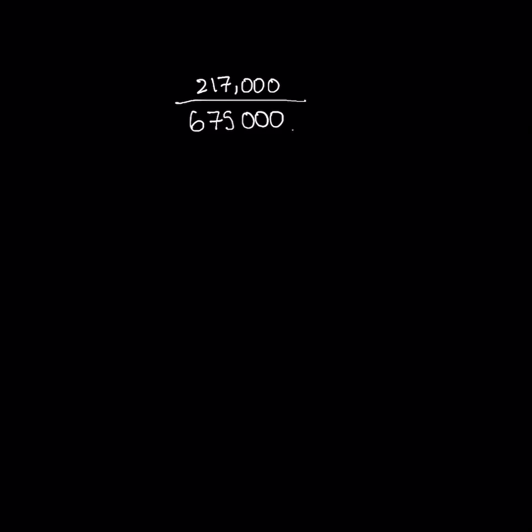Because this is kind of hard to convert, like this is hard to turn into 100, what we can do is just divide everything by 675,000. The reason we might do this is because 675,000 divided by 675,000 is just 1, right?